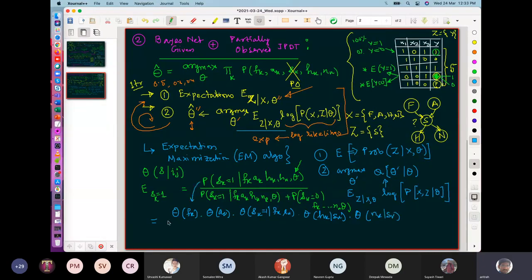This one, the top one. Similarly, the bottom one, you can easily understand this part will be there, plus everything will be there from this part except this one will be Sk equal to 0. I am not writing the whole thing.